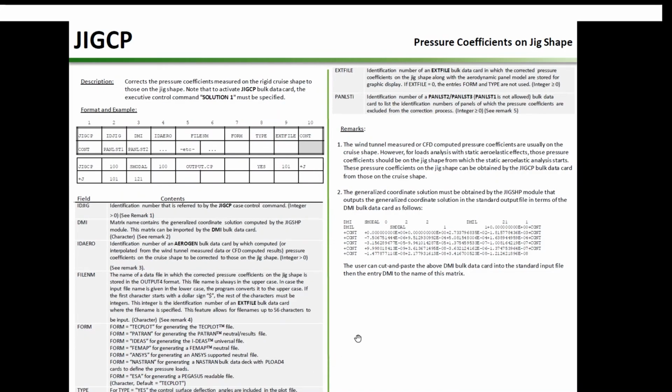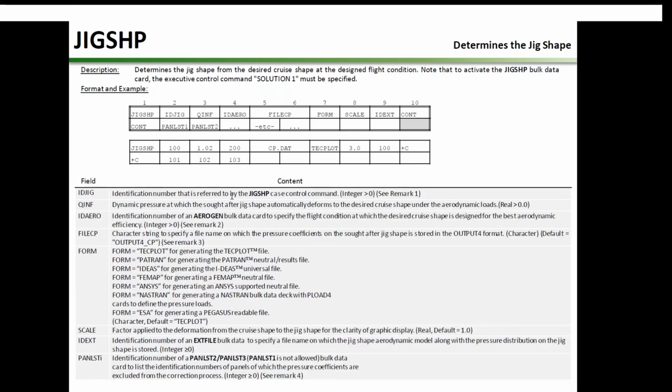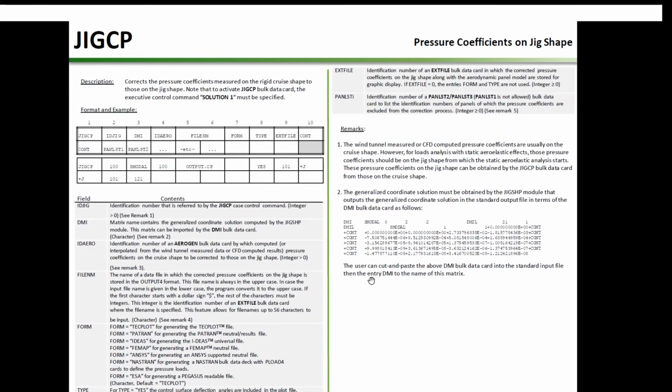And note that in the output file, when you compute the jig shape, you output the generalized coordinates due to the deformation from the cruise shape to the jig shape.